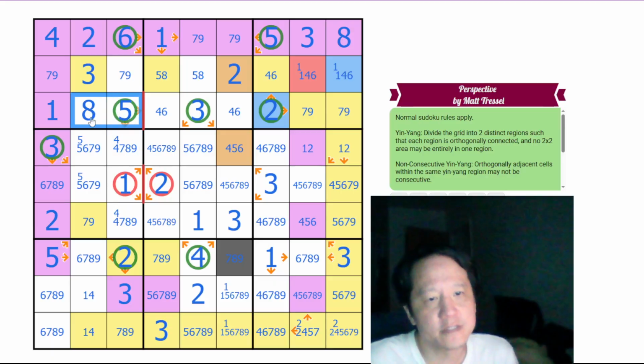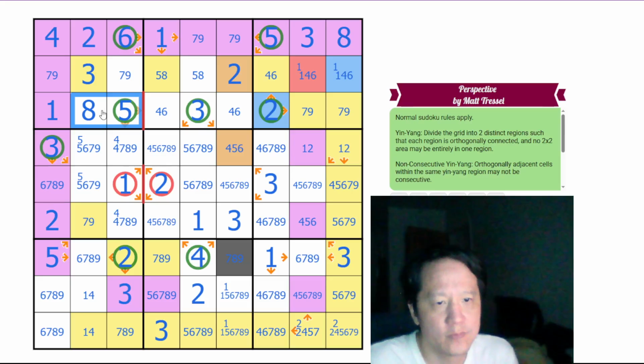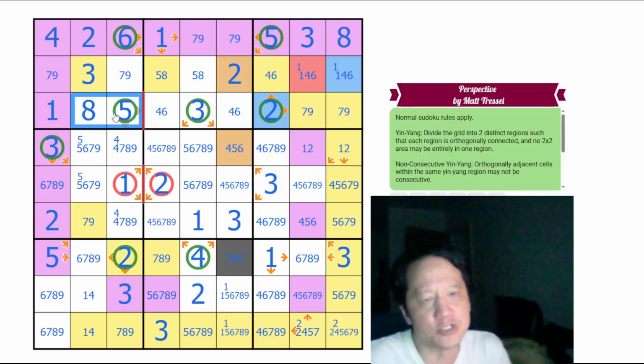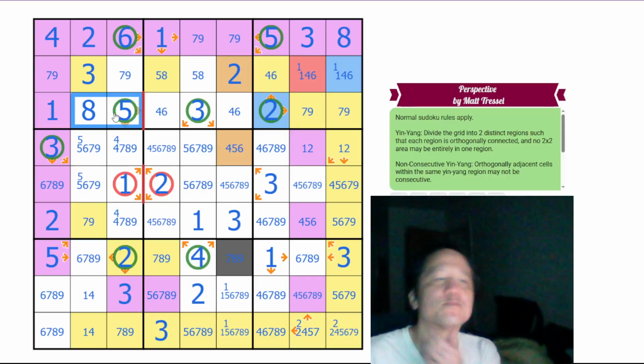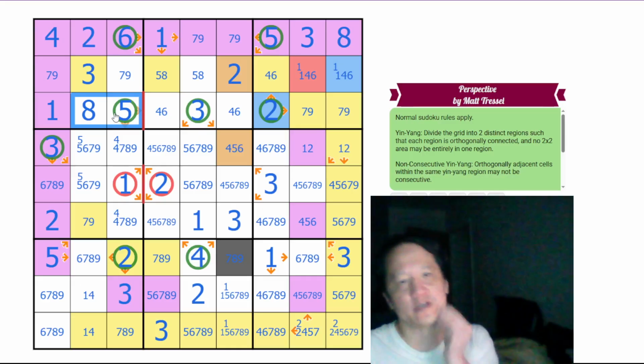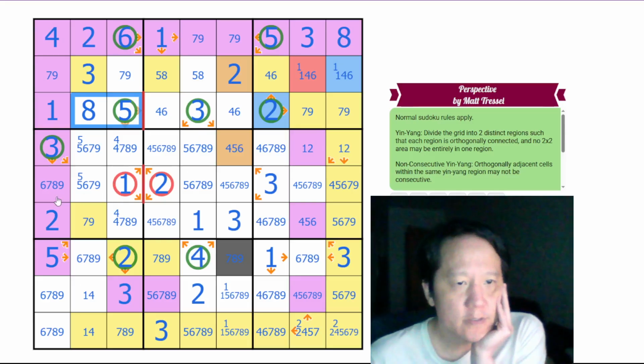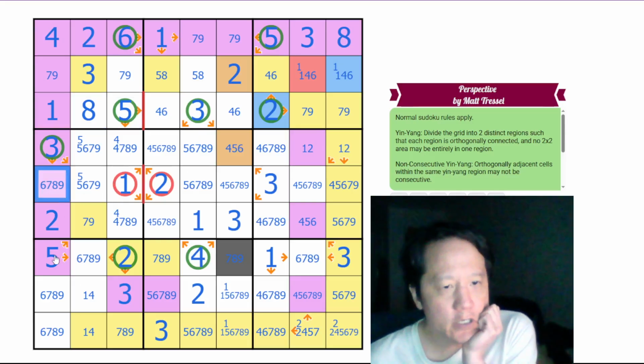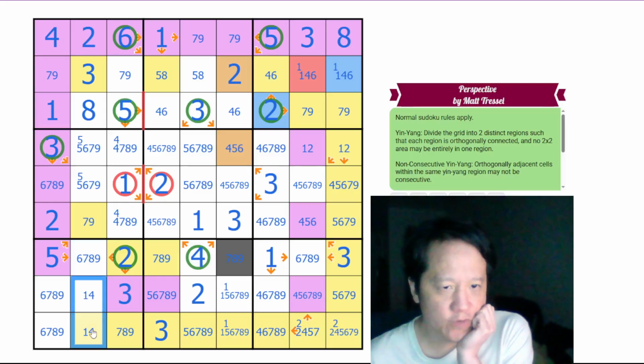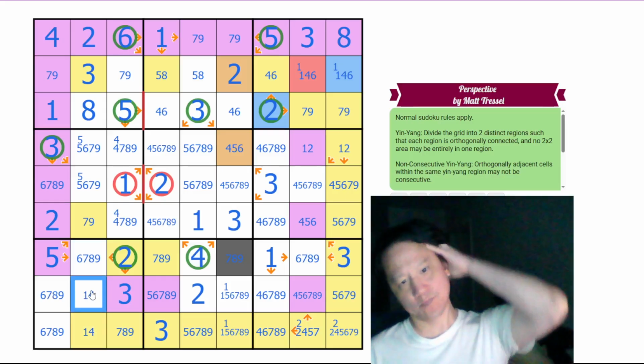These can be consecutive because 5 and 8, sorry, these can be next to each other because they can be in the same region, I should say, because 5 and 8 are not consecutive. 1, 4 as a pair.